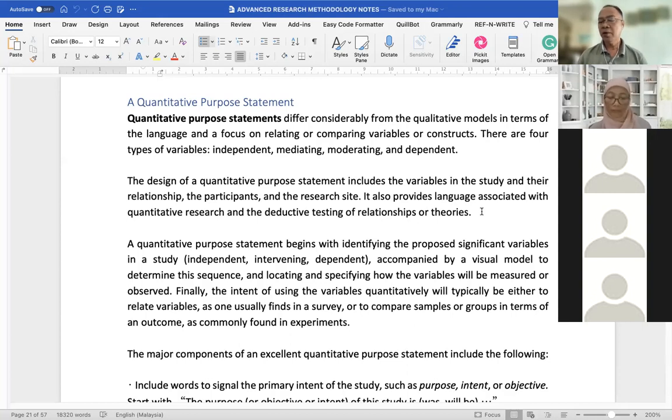So for all of you, please, when you develop the theoretical framework later on, you will have to construct the questionnaire items. It is not recommended that you construct the items yourself.